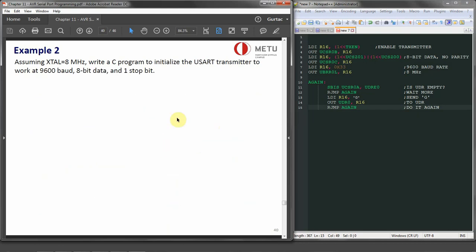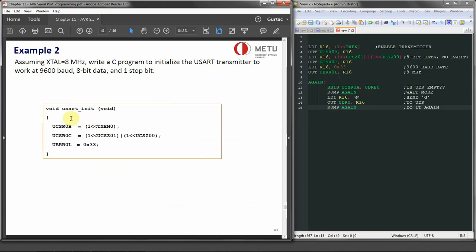Okay, so this is assembly one. With the C program, it's actually the same thing: 8-bit data, 1 stop bit, 8 megahertz, 9600. So we have got the same values over there for the registers. So the only thing that we need to do, we can use a USART init as a separate subroutine, and UCSR0B can be set using TXEN0.